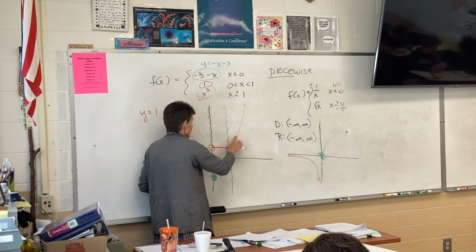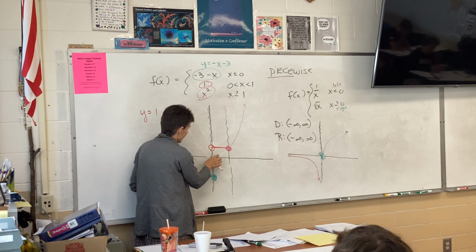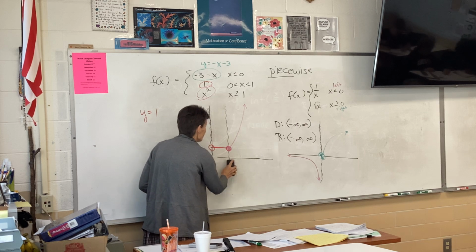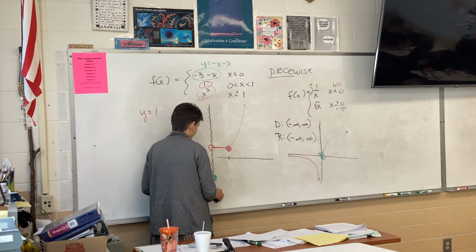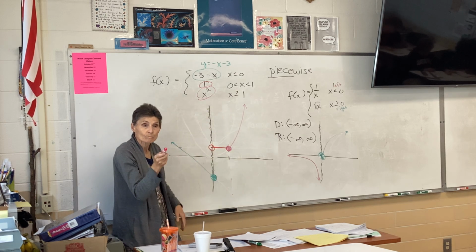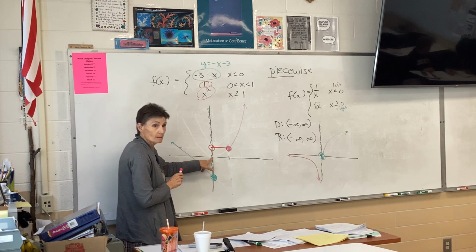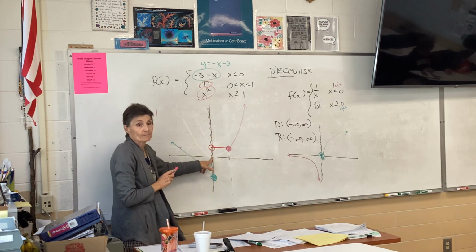Everything up above. Just that. So this all goes away. Wowsy, wowsy, wowsy. And then domain. What's my domain? My domain is all real numbers. That's a hard one. And then the range. The parabola is negative, but you only keep the part greater than one. Oh, greater than one.